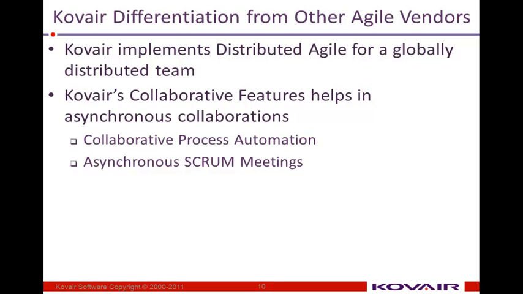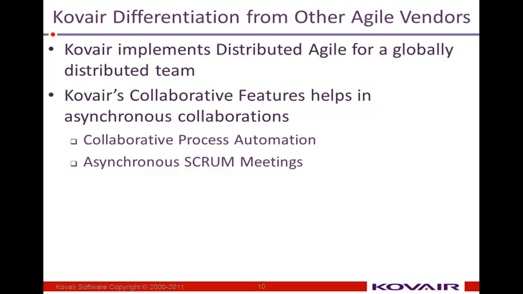So for Kovair to implement process really means that when you have a distributed team, a process can help you in automating many of the mundane tasks, and you don't have to babysit your user stories to assign them to different people. Using the process, they will automatically be assigned to the right people even when they are in a different time zone.